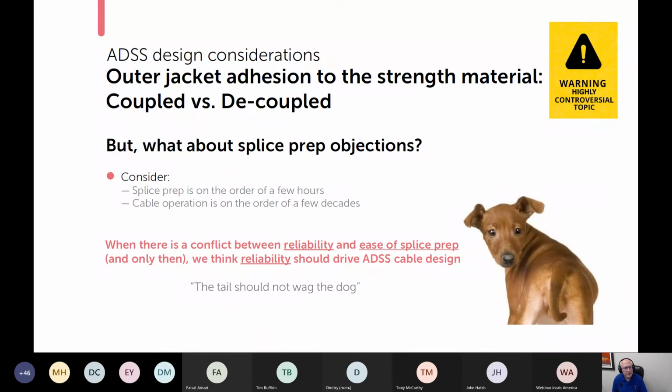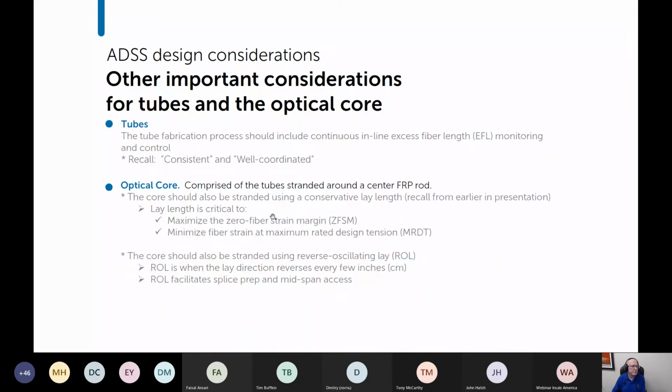But that's a different animal because that directly relates to long-term operational performance, right? You want that dead end to work on day one, and you want that dead end to work on day one of year 20 as well. And by using a coupled design, you're helping to make sure that happens. If you're using a decoupled design, you're not. So in my opinion, when the conflict is between reliability and ease of splice prep, reliability should win.